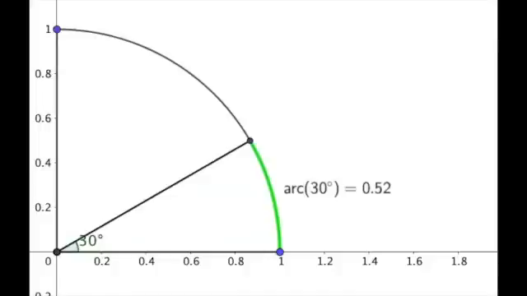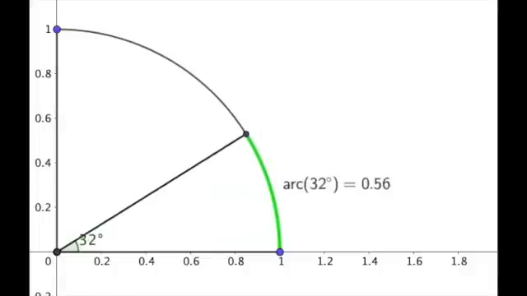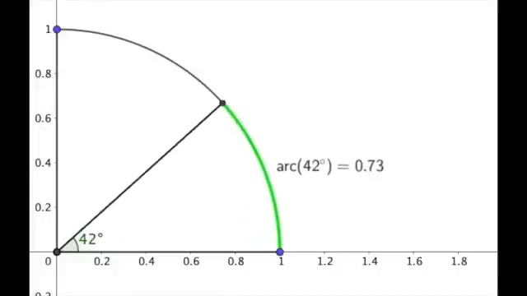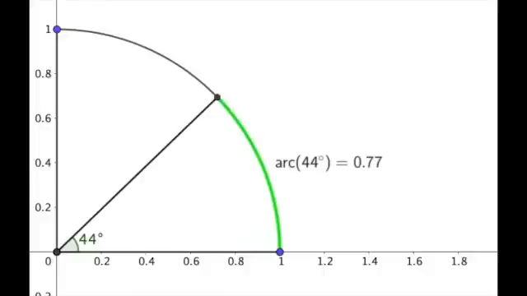The 60-degree angle is 1/6 of the full circle. The 30-degree angle's arc is 1/12 of the circle, so it's half. So in that way, they're kind of proportional. If the angle's twice as big, the arc's twice as big. If the angle's 3 times as big, the arc is 3 times as big.